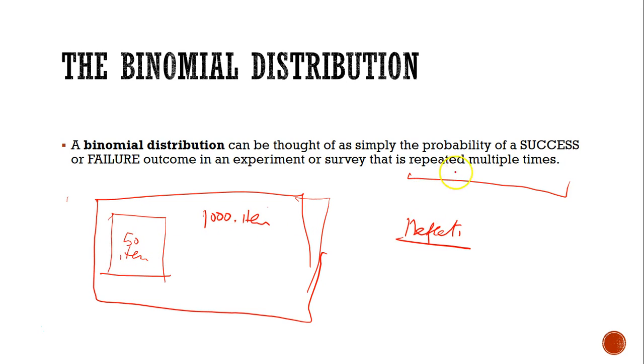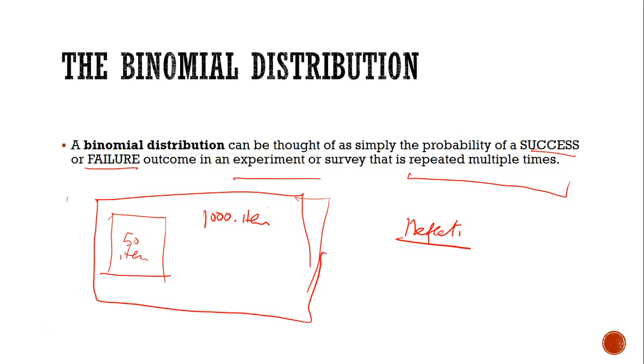So this issue of repeating multiple times is me picking up, my experiment is picking up 50 items, one after the other, looking for whether or not there is a defect. And if I find a defect, I will call it success. And if I don't find a defect, I will call it failure.